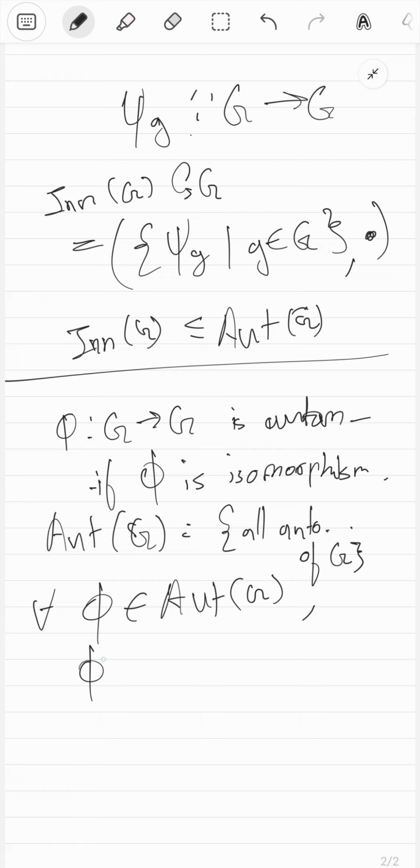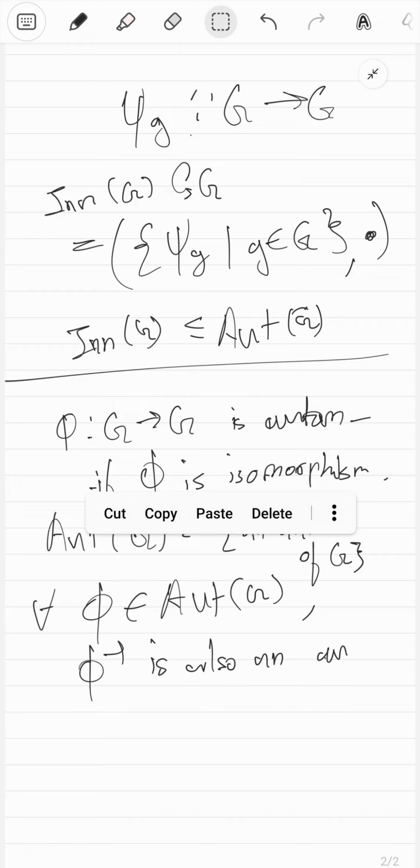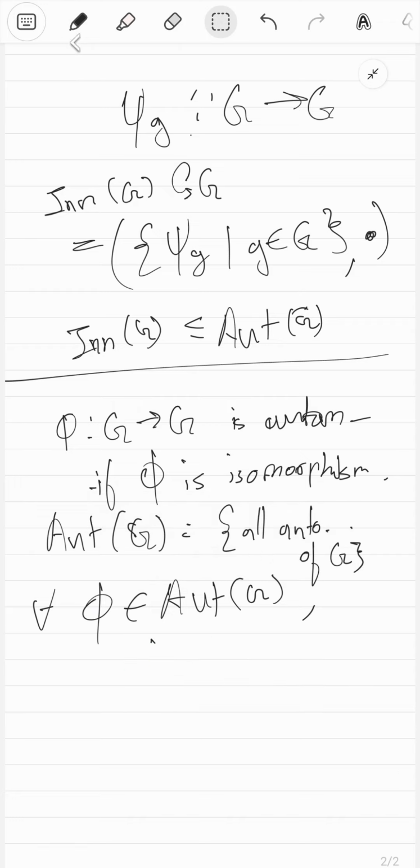that phi inverse is also an automorphism, right? And we can show that very easily. So this is not a big deal. First we have to show that it's a homomorphism, right? So we start with the fact that phi is a homomorphism.